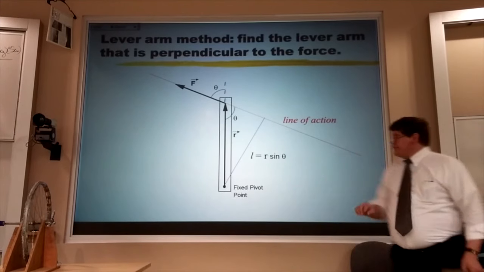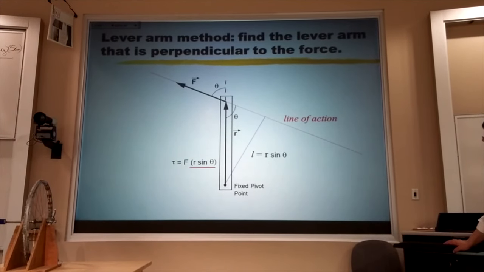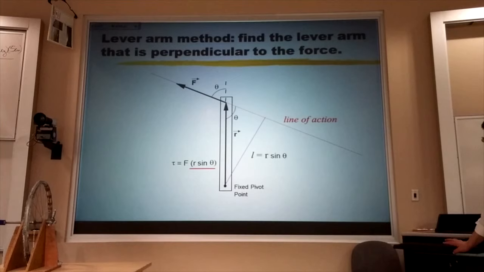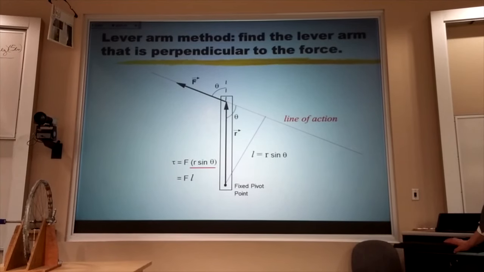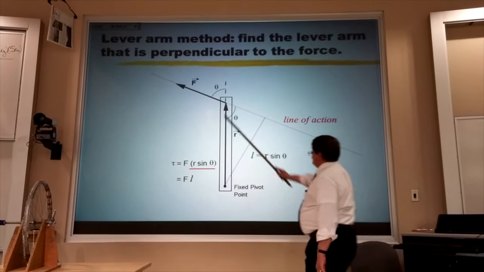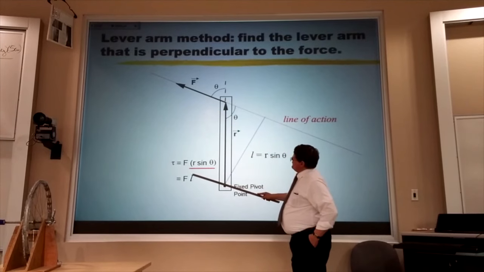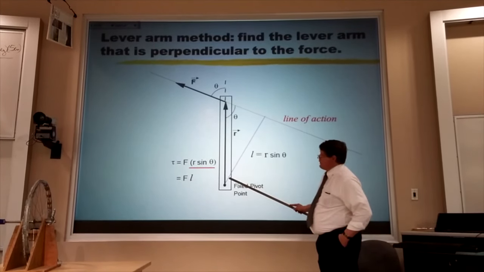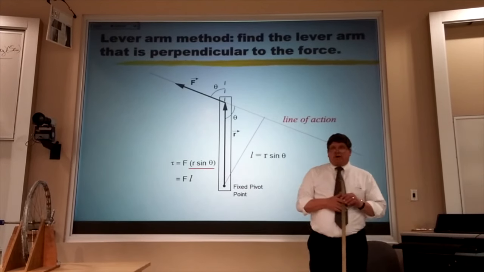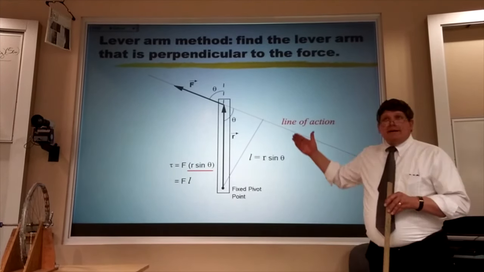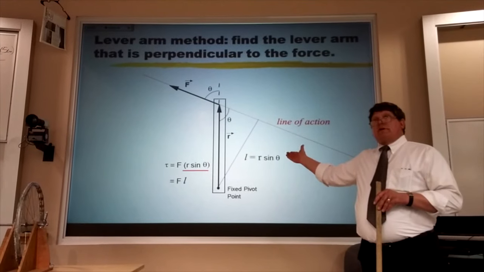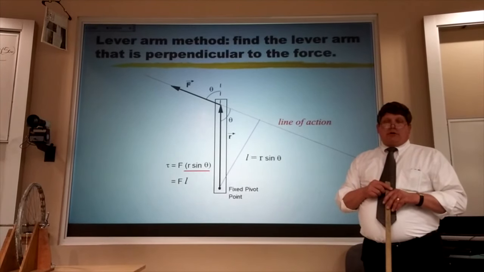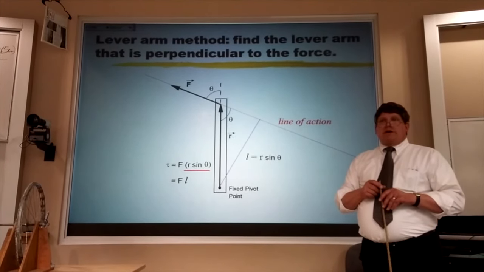Now, if I look at my general definition of torque, F r sine theta, that r sine theta is just the lever arm. So the total force times just the part of the distance that's perpendicular to that force gives me the torque.